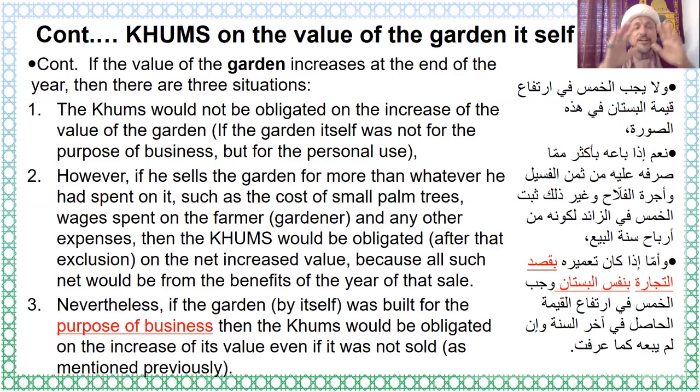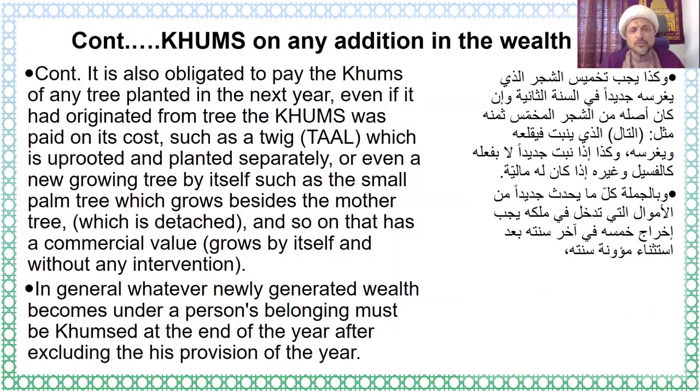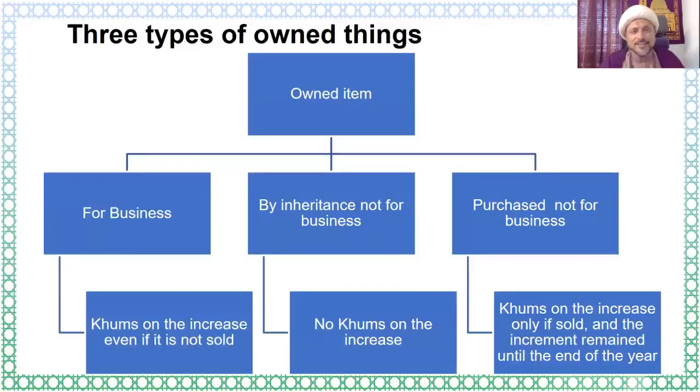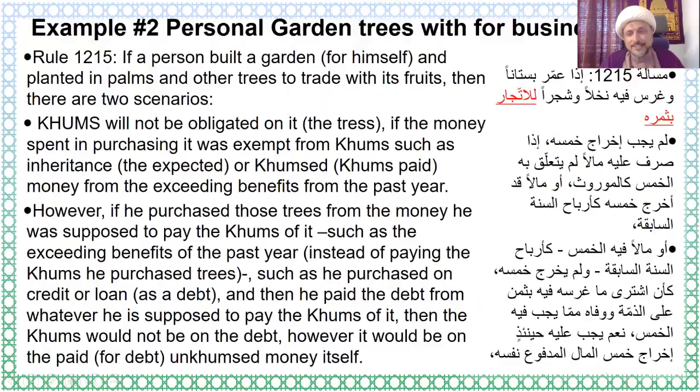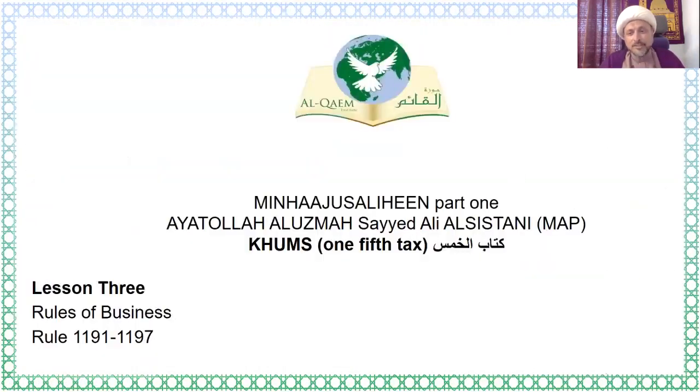So if the garden was built for the business purpose and it was $100 and 50 spent and $50 was net profit, you have to pay the khums of 50. But I have not sold it. Yes, remember the first scenario? We said Sayyid Sistani mentioned three scenarios. Even if you don't sell it, because it was for your business purpose, khums on the increase even if you don't sell it, and you were able to sell it, as he mentioned previously. كما عرفت.